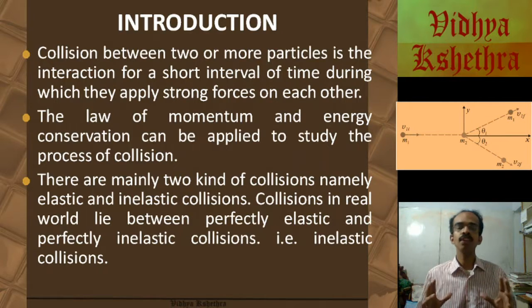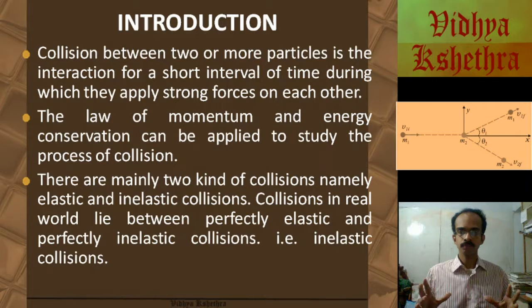While in the case of perfectly elastic collision, the kinetic energy as well as momentum is conserved. In case of perfectly inelastic collision, when two bodies collide, they fuse together and move together, as in the example in which a meteorite hits Earth.